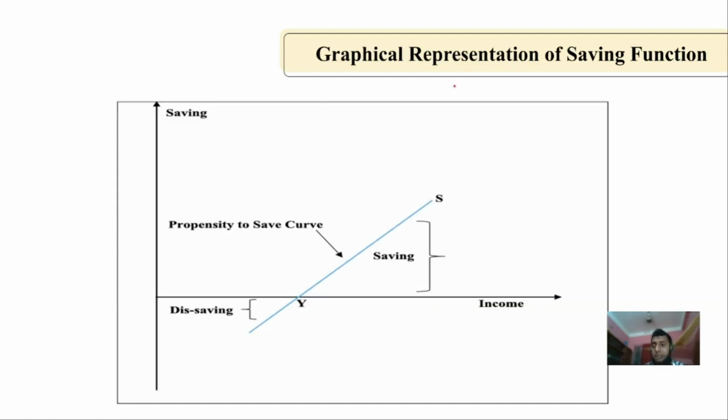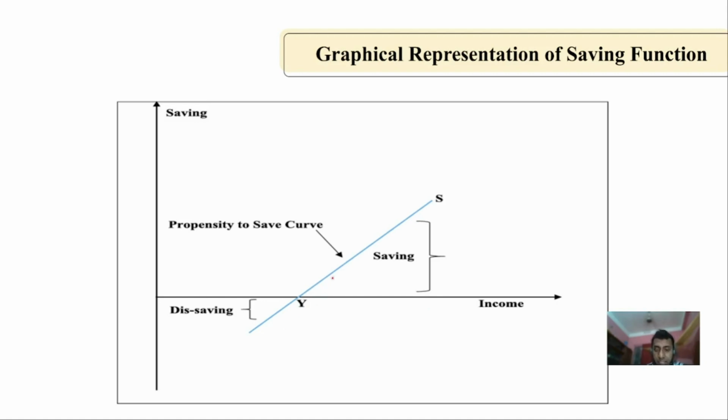Then the graphical representation of the saving function. The saving function is an upward sloping line. It starts below zero because people may initially borrow or use savings.